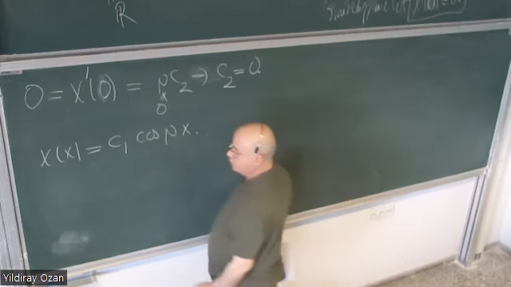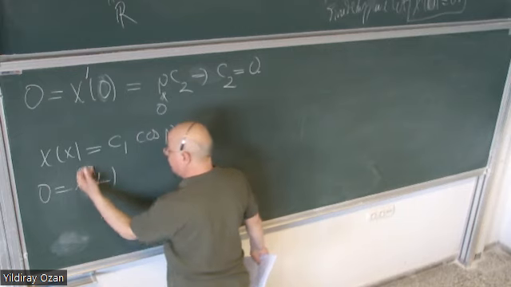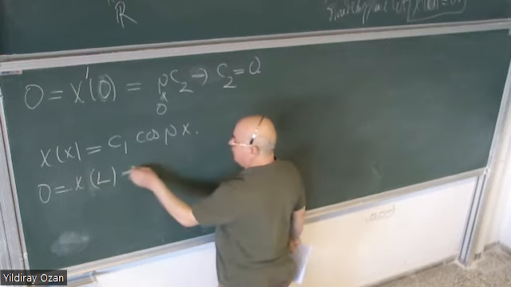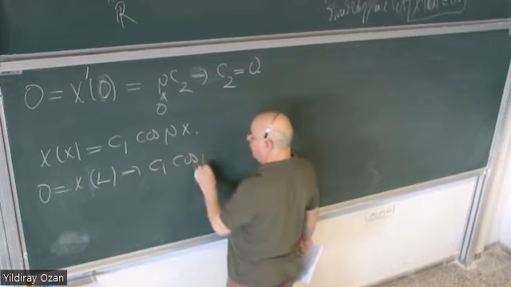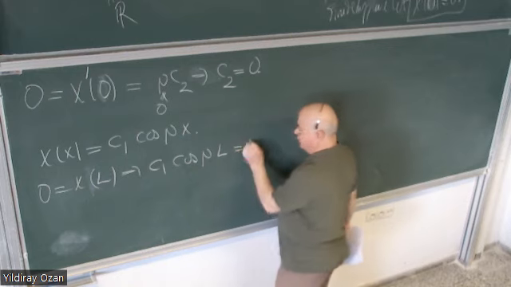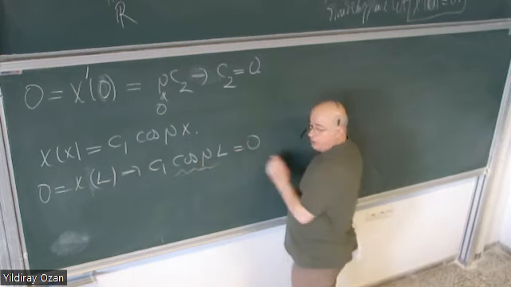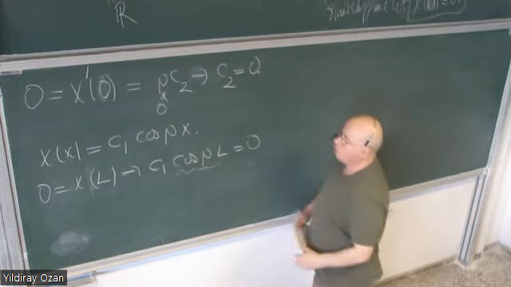What about the other condition? X of L should be 0. When I plug it here, we get C1 times cosine mu L is 0. If this real number is not 0, then C1 would be 0.